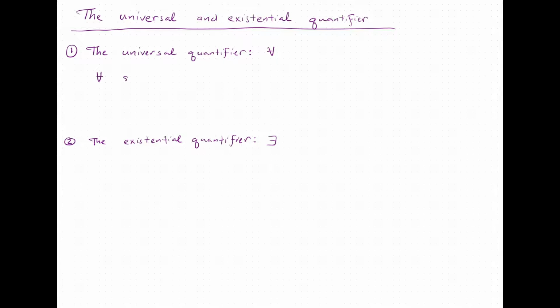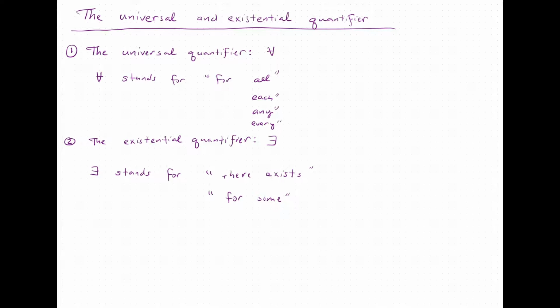The backwards A stands for "for all", but also for each, any, or every. And then the backwards E stands for "there exists", or we could also take it to mean, in the same way, "for some".